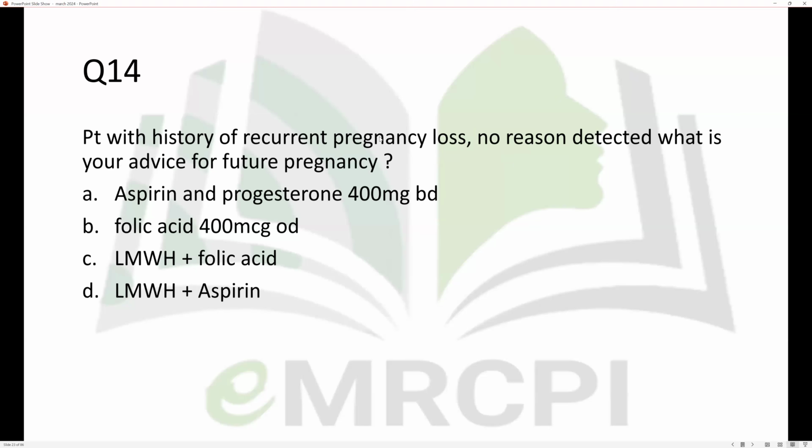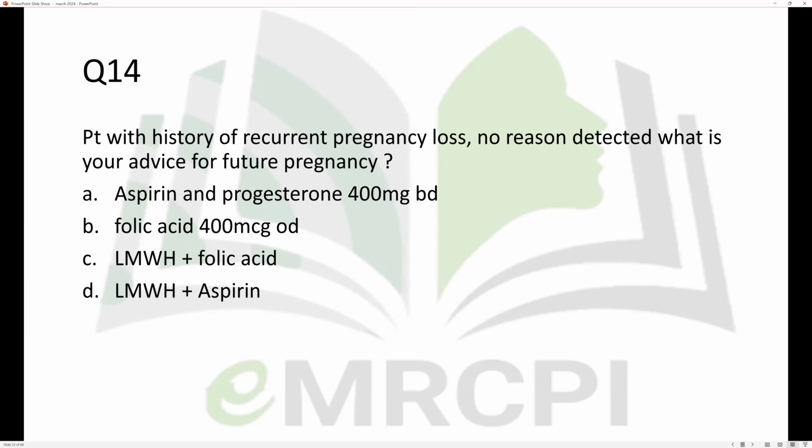Patient with history of recurrent pregnancy loss, no reason detected. So what is your advice for future pregnancy? In the recurrent pregnancy loss guideline, the Irish guideline is a little bit different from the recurrent pregnancy loss guideline by the RCOG. So they have different recommendations.